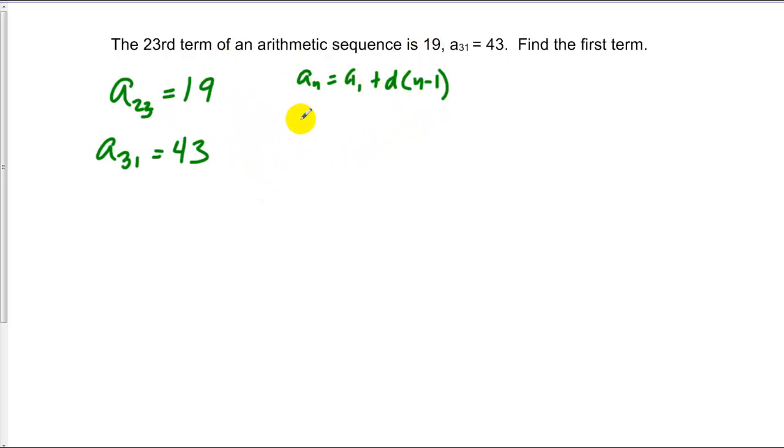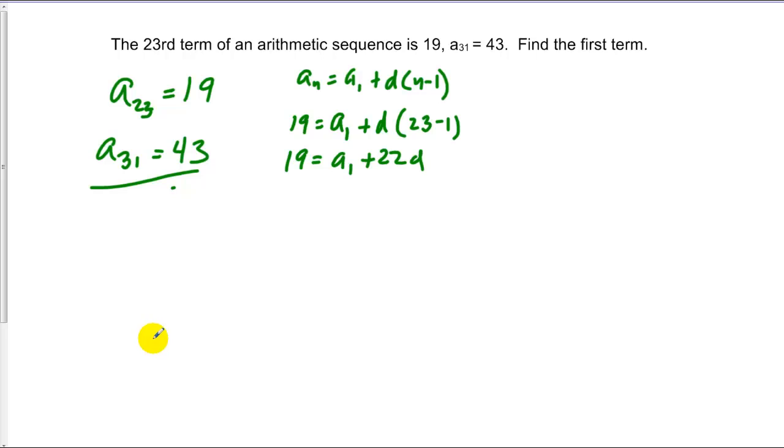Again, I'm looking for the first term, so I know the 23rd term, which is 19, is equal to an unknown first term plus the difference, which I don't know, times 23 minus 1. The problem with this is, you'll notice I have two variables, and if I'm going to have two variables, I need two equations to solve it. So the other equation would come from using this term here.